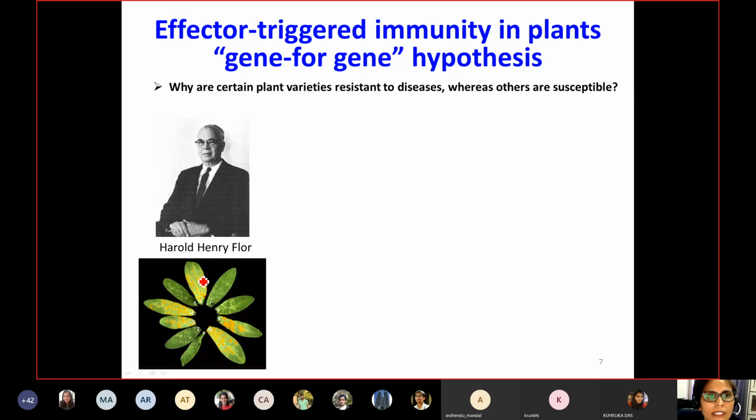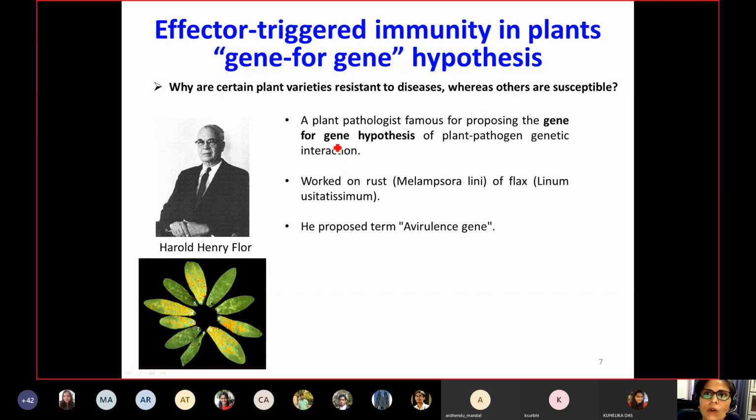And he studied the genetic interaction. Not only one plant, he took different species of flax plant and different variants of this fungus, and he was testing it. And finally, he proposed one hypothesis, something called the gene for gene hypothesis, for plant and pathogen genetic interactions.